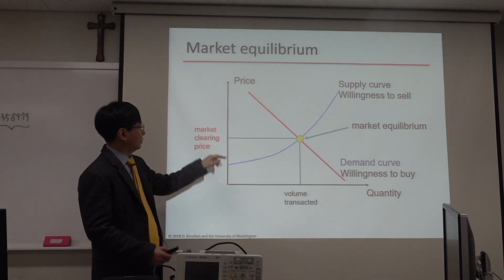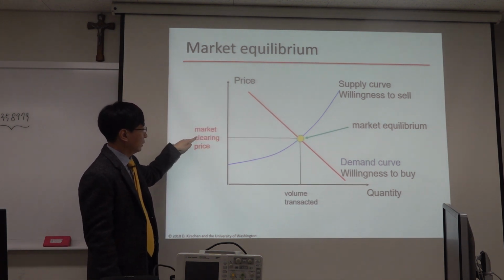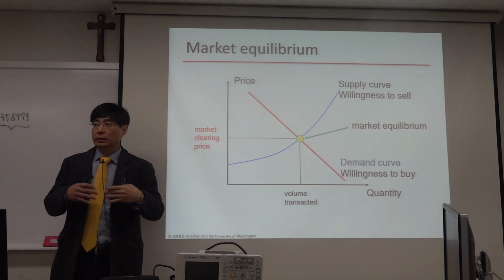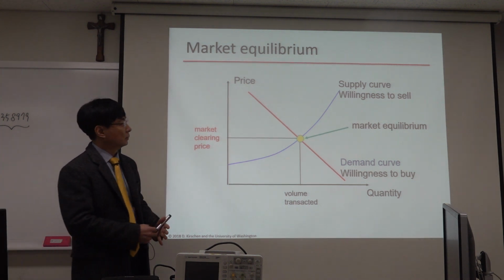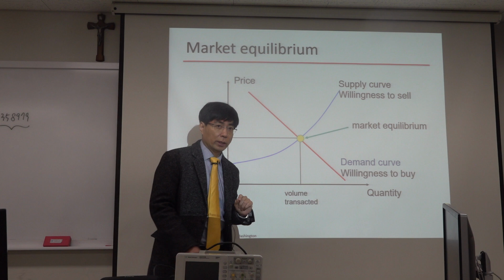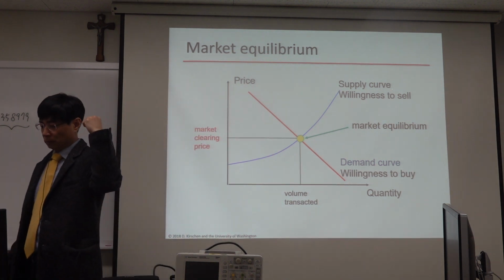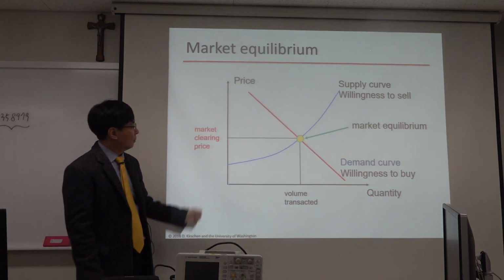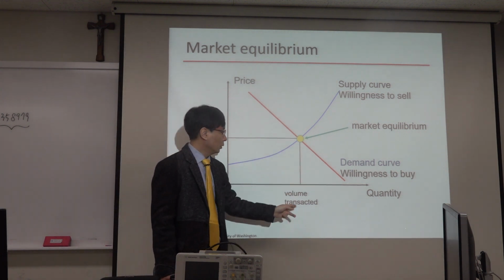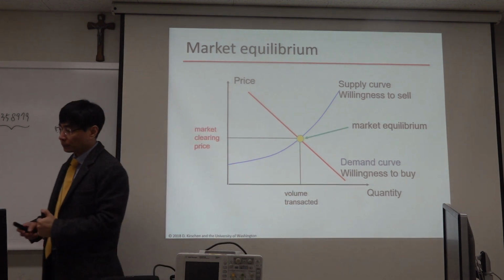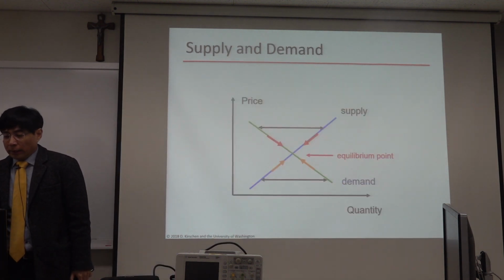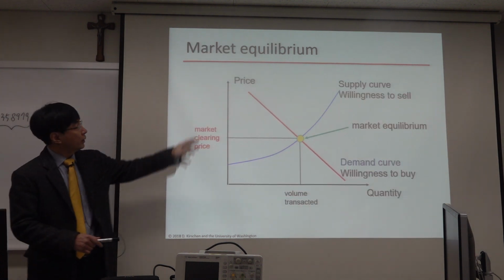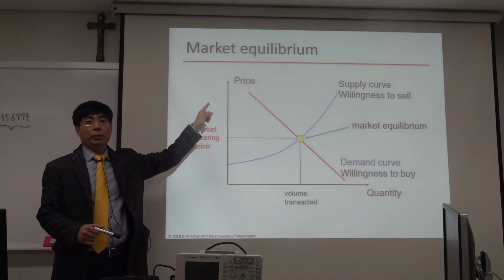And this price is called market clearing price. Market is cleared means that supply and demand meets at some point, and there is a market price. So market clearing price, and this is the volume transacted.